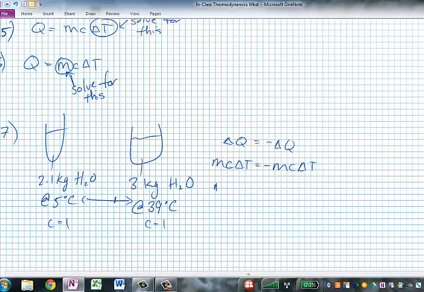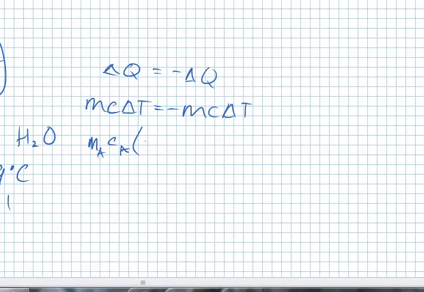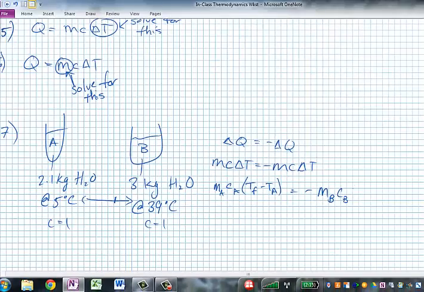So mass of the, let's say A, I'll call this guy A, this guy B. So mass of A, specific heat of A, times temperature final minus temperature A. And then I'll do the same thing over here with B on all of those things.